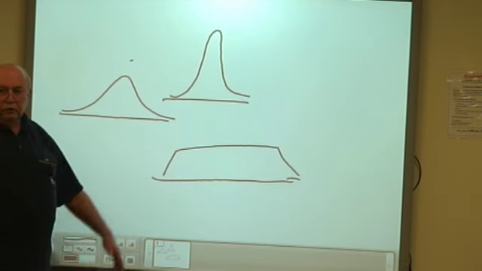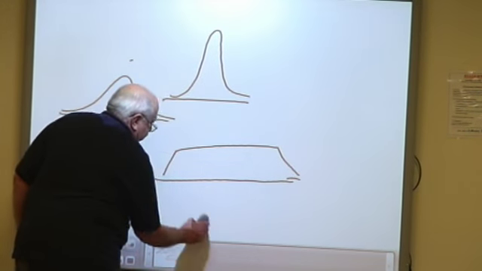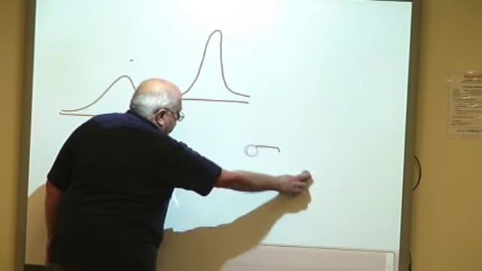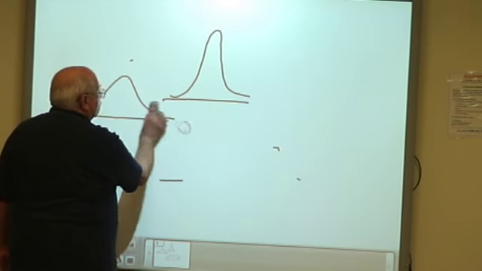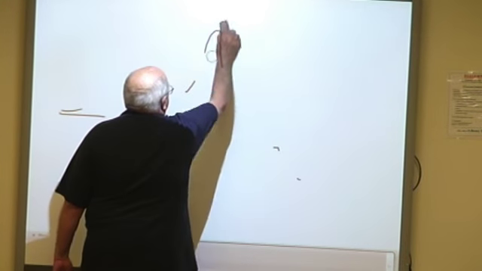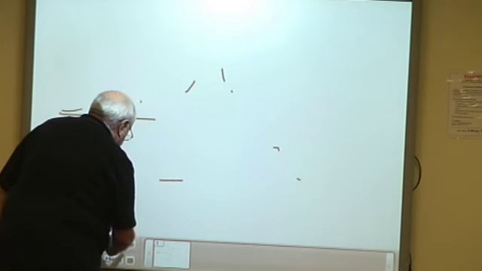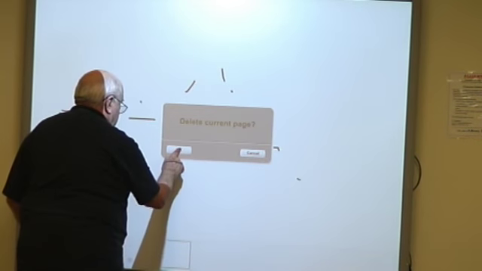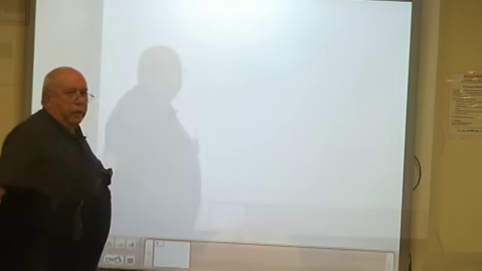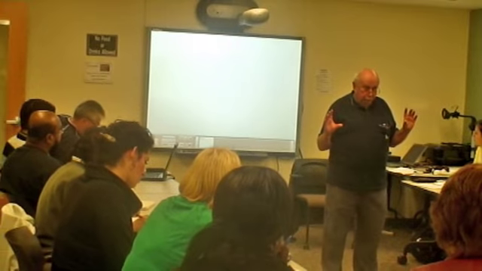Similarly, most distributions of your sample data will not be perfectly symmetrical, but they'll be symmetrical enough to do things with. Now, do you know why that is? Can anybody guess why that might be? Well, here's what happens. We're talking about populations, right? And we take samples from the population.